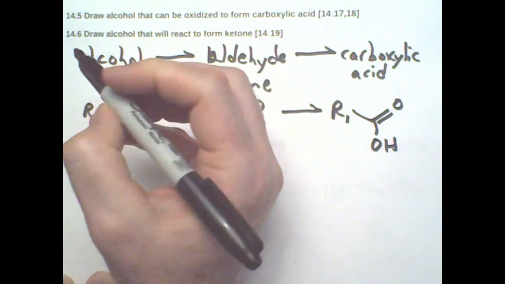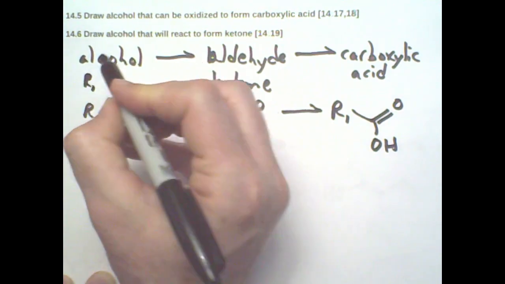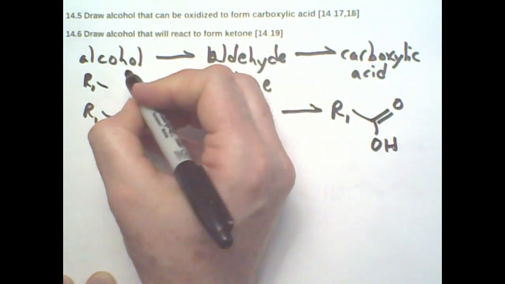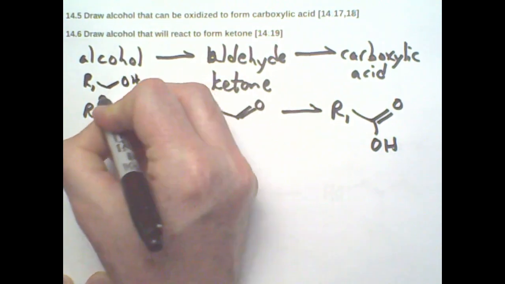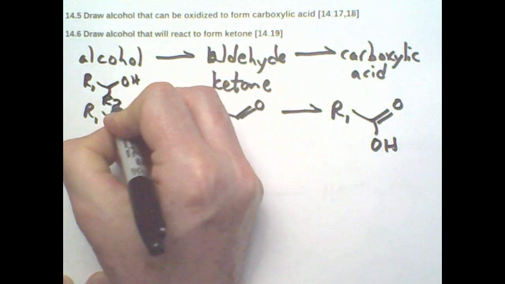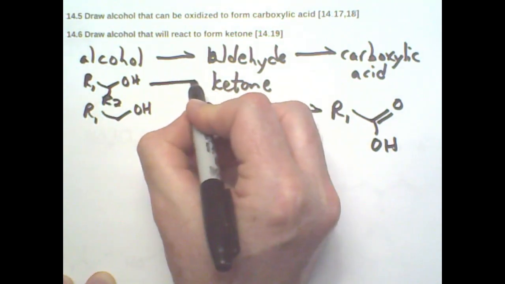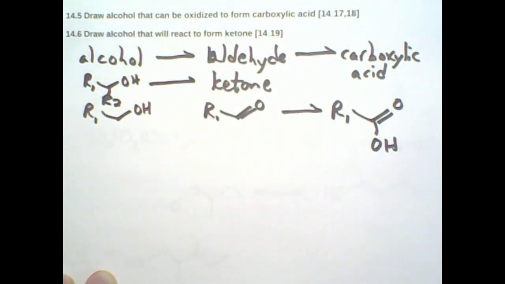Whereas for a ketone, we would have a secondary alcohol that becomes a ketone. So now let's look at some examples.